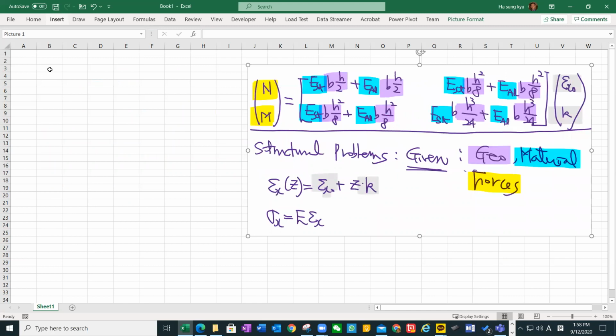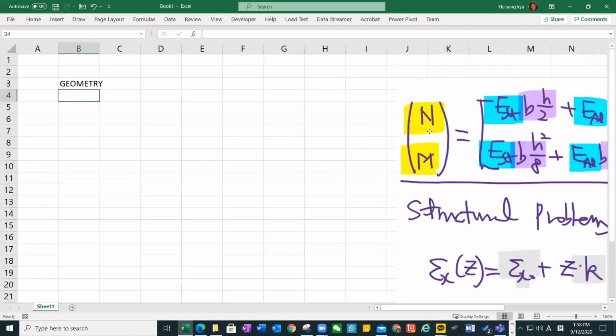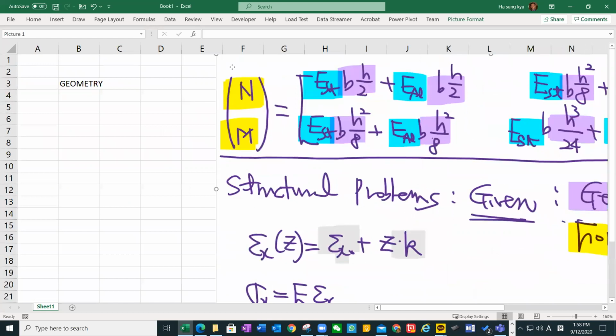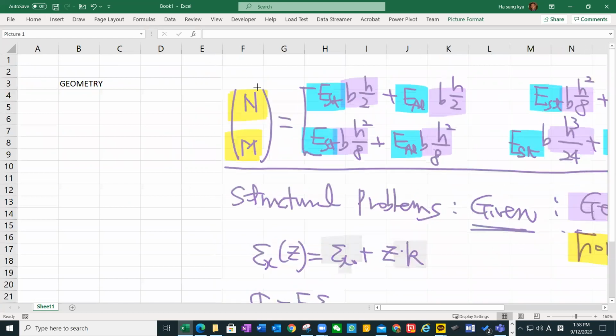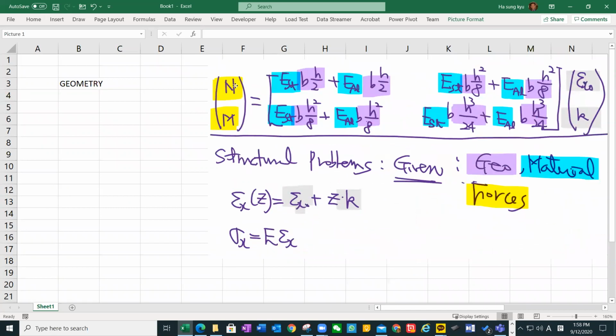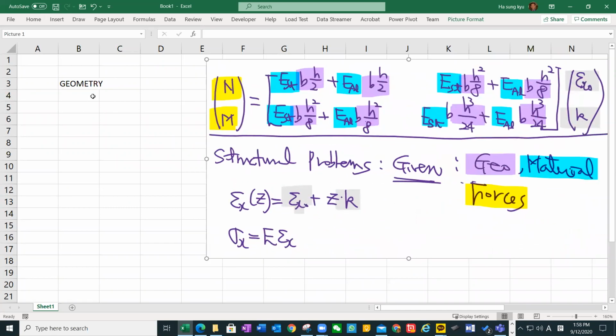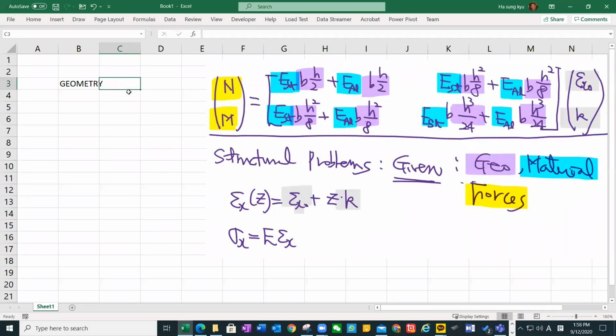Okay, so first of all, let's say we have a geometry value. As a geometry, again, what do we have? We have a B as a width. We have an H as a height.